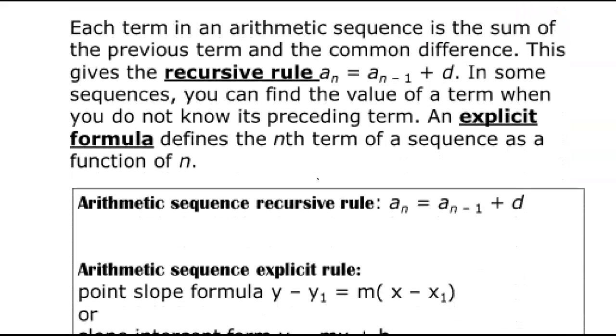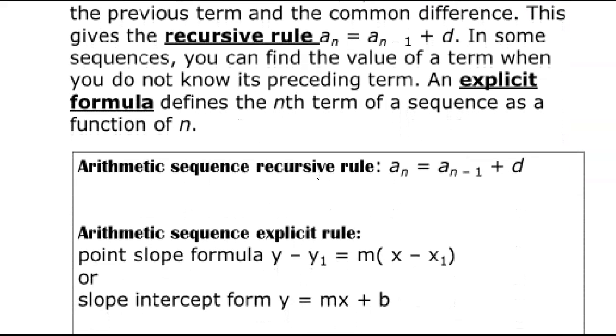Now there are 2 types of sequences that we're going over today: an arithmetic sequence and a geometric sequence. There are two types of sequences, and then for each type, there are two types of equations we can create, a recursive equation or an explicit equation.